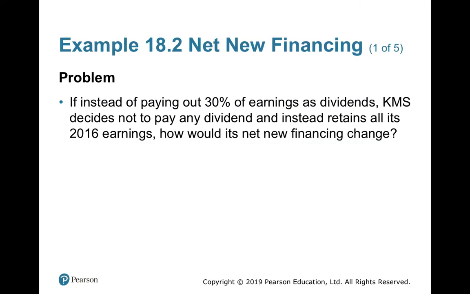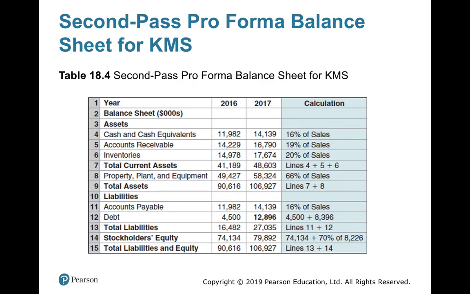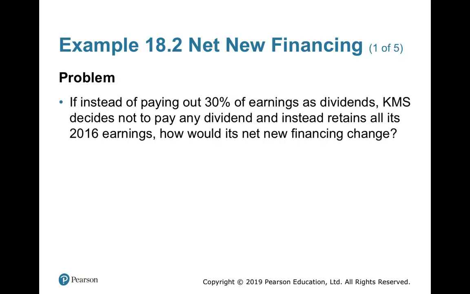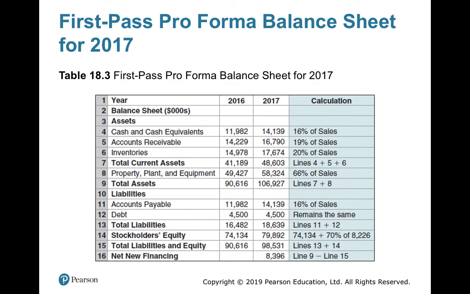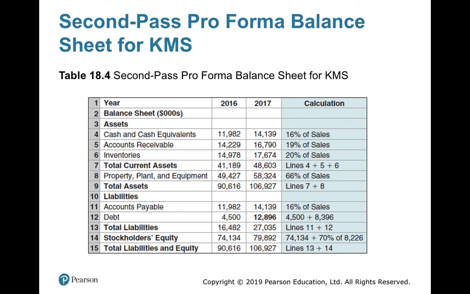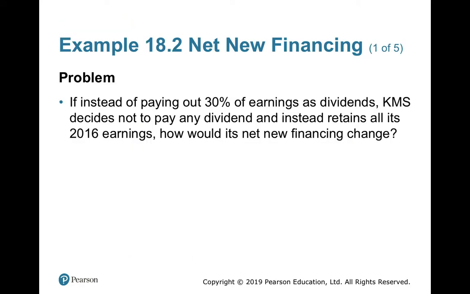If, for example, instead of borrowing this 8,396, the company might think of using the retained earning. Then what will happen? The company is already keeping 70% of 8,226 as retained earning, and 30% is paid as dividend. That also the company can use in the company, without paying dividend.